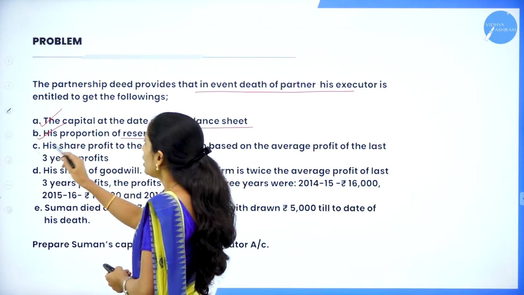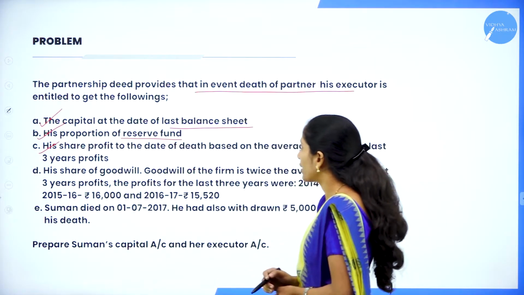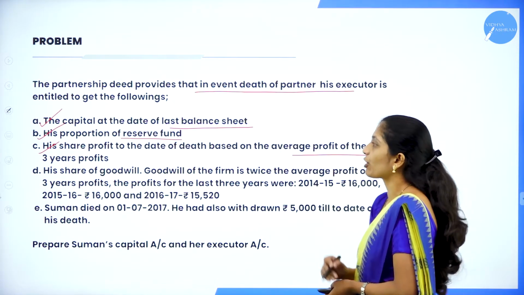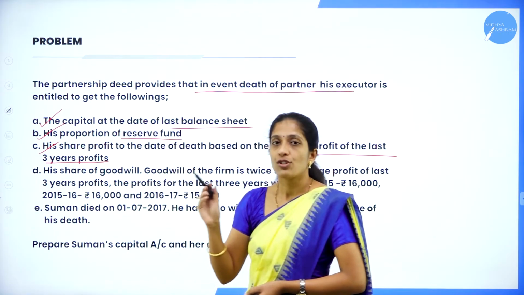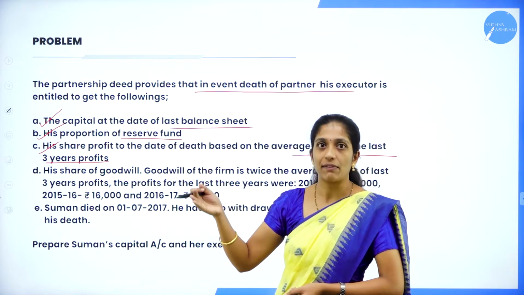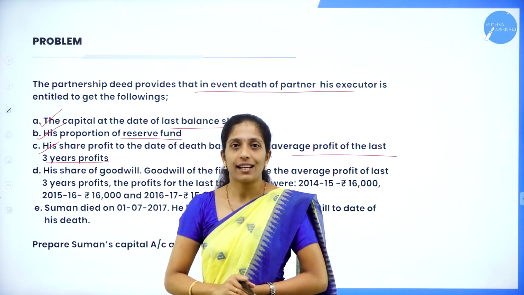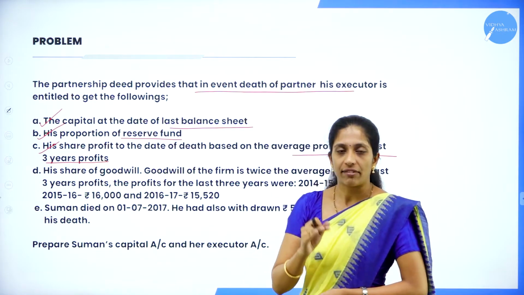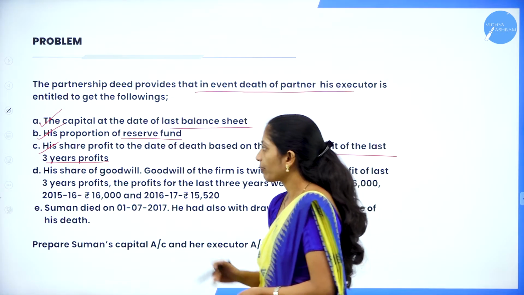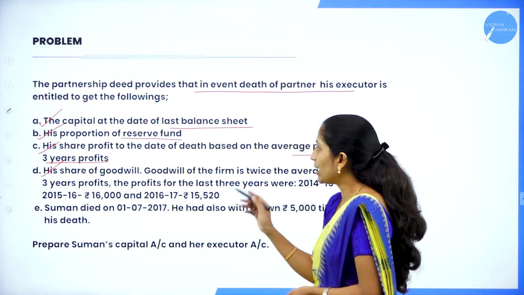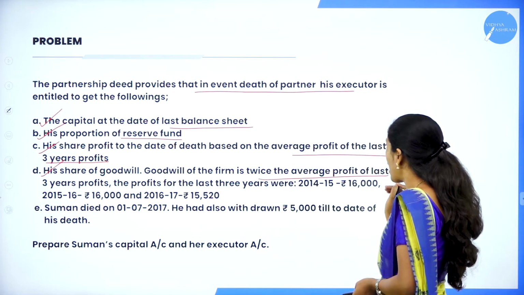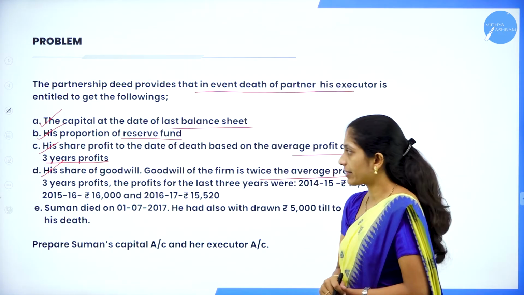Next, his share of profit to the date of death based on the average profit of the last 3 years. So here what they have told, share of profit has to be given based on the last 3 years' profit. Let us see whether they have given 3 years' profit or not. Next, his share of goodwill. So goodwill also has to be given. Goodwill of the firm is twice the average profit of the last 3 years.